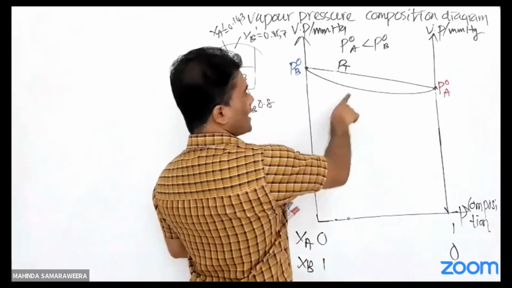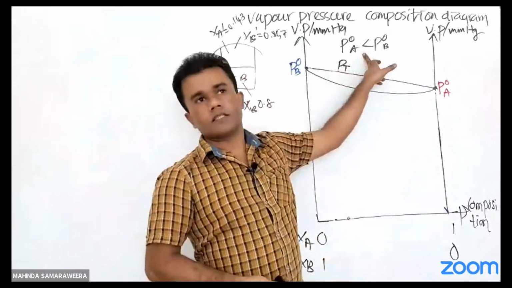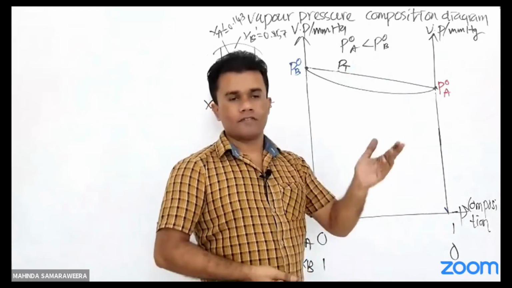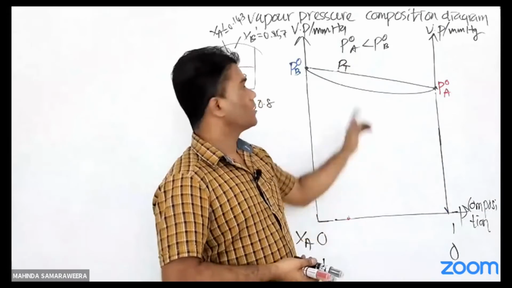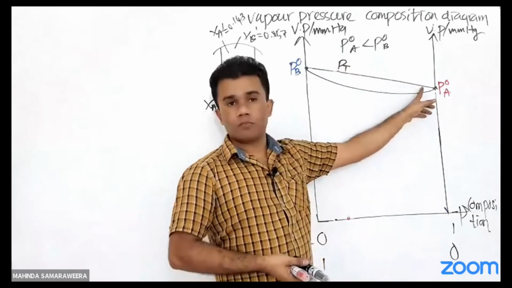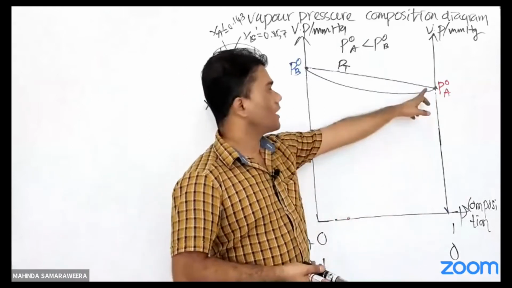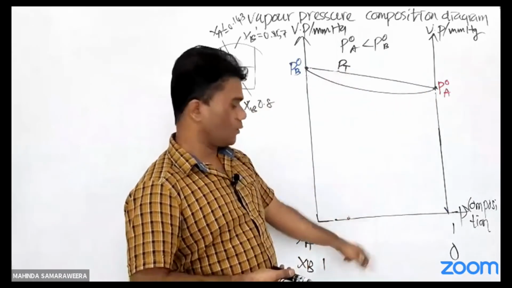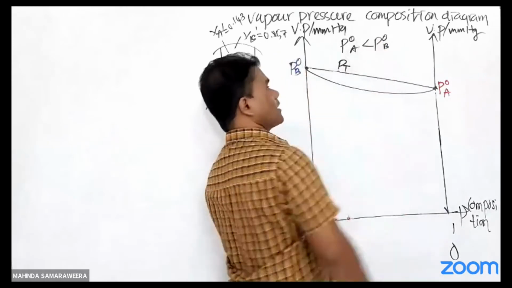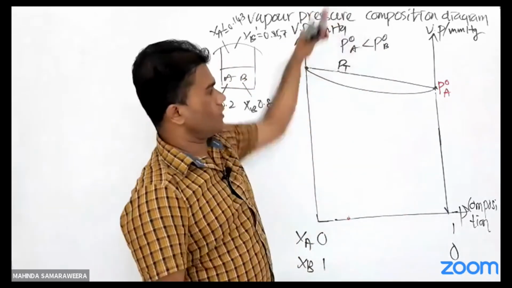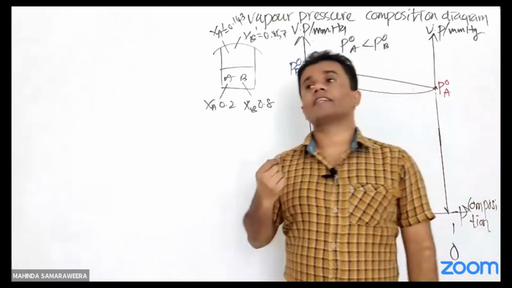Right. In that case, look at this. Above this line, what do you find? Vapor phase or liquid phase? This line represents the vapor pressure of the system for a given liquid mixture. This line actually gives the composition of liquid, right? Above this line means the high pressure side. If it is high pressure, where do you find that particle?